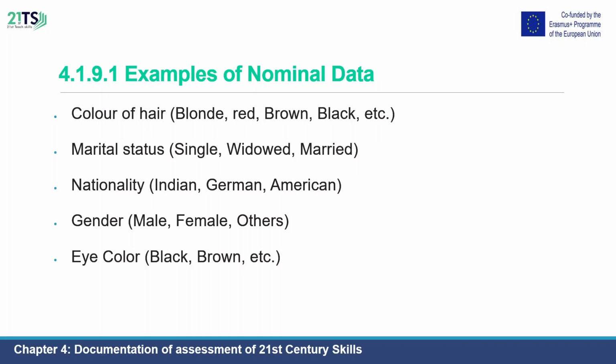And it can be the nationalities of the participants, for example volunteers who are German or American, and whether they were male or female or other, and the color of their eyes, whether black, brown, etc. So this information can be categorized as nominal data.